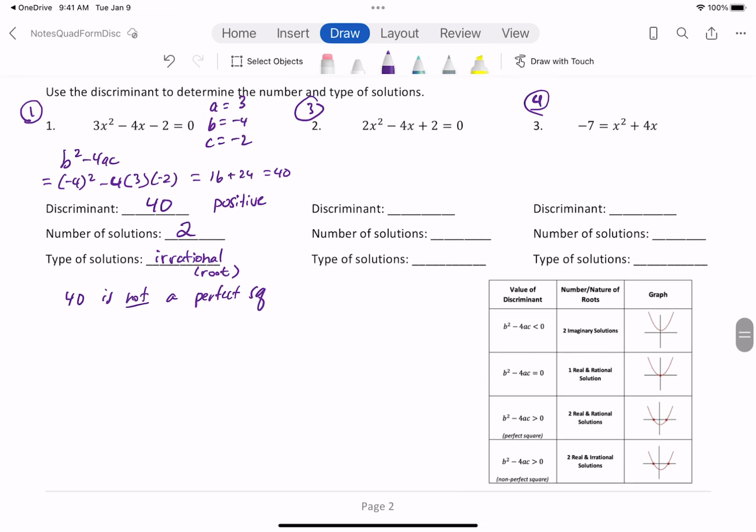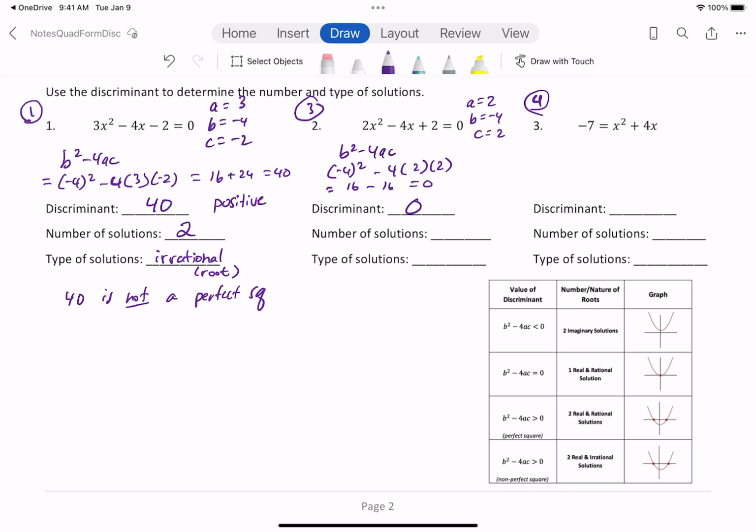For the second one, this one again is in standard form. A is 2, B is negative 4, and C is 2. So we're going to substitute negative 4 and square it. 4 times A times C. That's 16 minus 2 times 4 is 8, times 2 is 16.